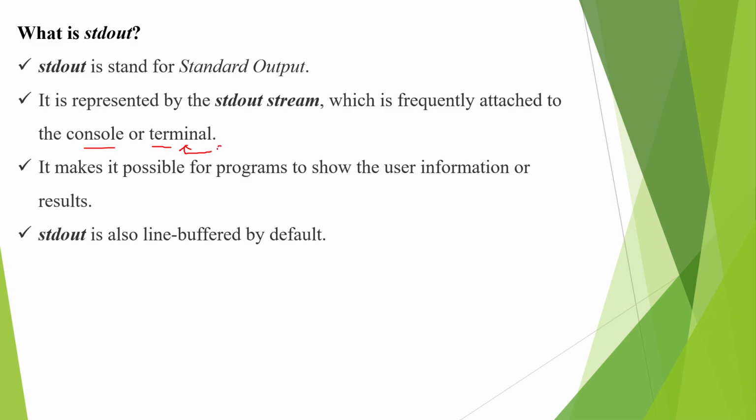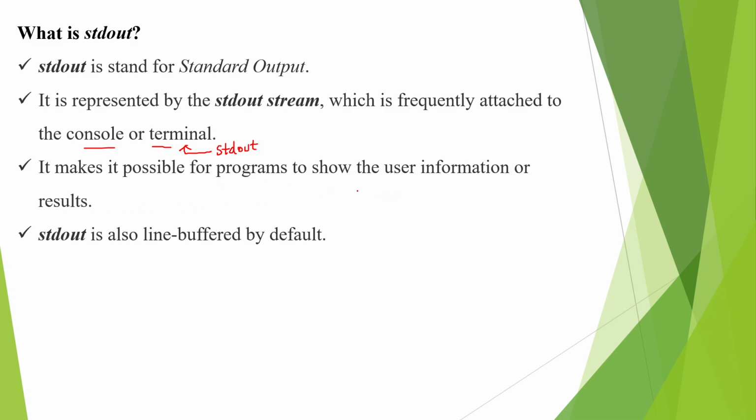Okay, so stdout, standard out, will act like a pointer to this terminal or console. So whenever you refer to this standard out pointer in your application, indirectly you are referring to the console or terminal. So it makes it possible for programs to show the user information or results.